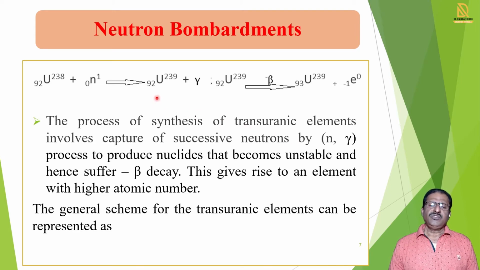Again, this nucleus is unstable because when the neutron to proton ratio increases, it becomes unstable and eliminates different particles. When it eliminates a beta particle, the atomic number of that nucleus increases by 1. In this way, we can prepare the different transuranic elements by this process.